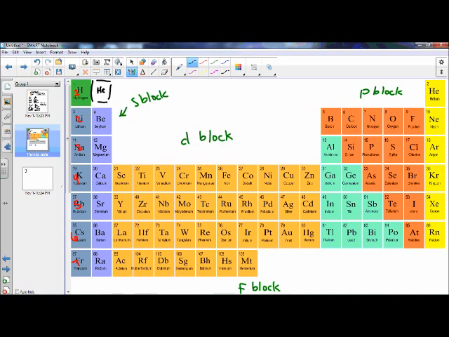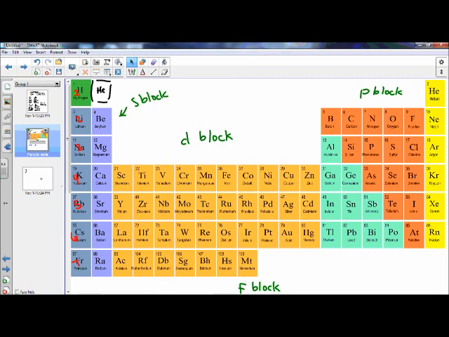Helium actually sits on top of the alkali earth metal family. Okay, for everything else, helium belongs in its normal position. It is indeed a member of this family, but for electron configuration it sits on the alkali earth metal family.